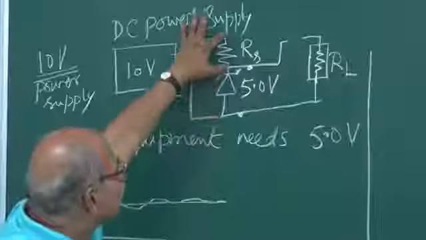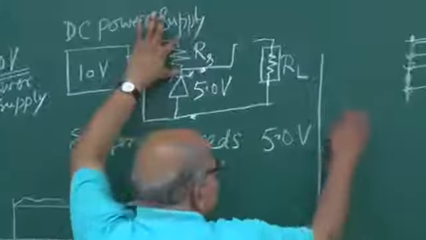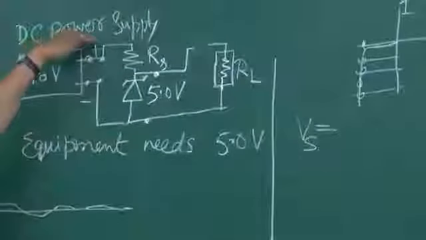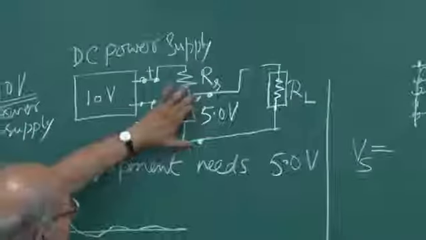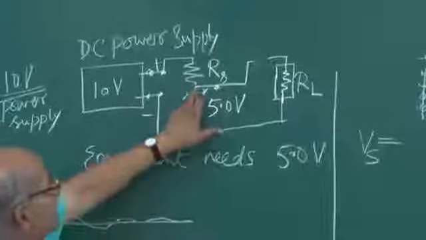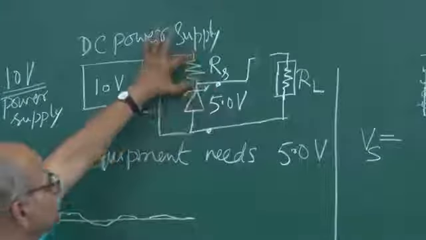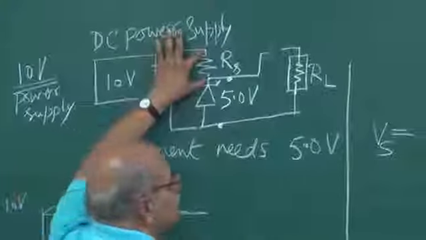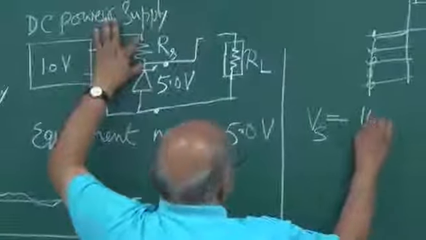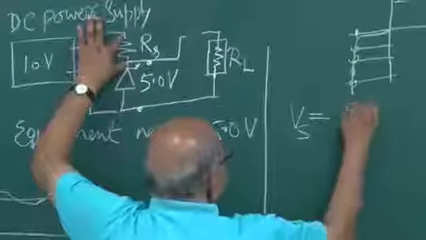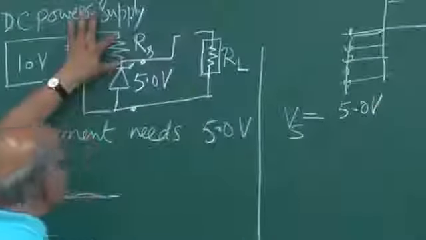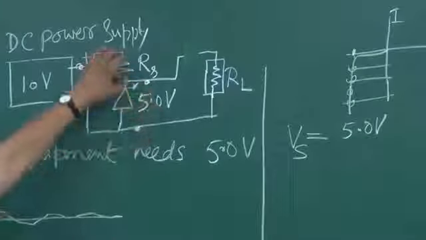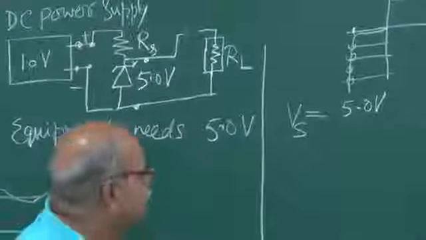So what is the voltage on RS? The voltage on RS, let me write it Vs, will be 10 volts minus this 5.0 volt. If I take this as 0, this will be 5 volt, and this is 10 volt. So the drop is 5 volt on this RS also. So Vs is 5 volts, let me write it 5 in fact.